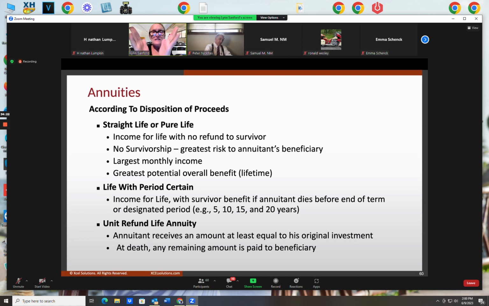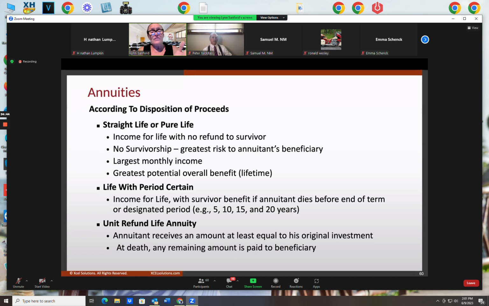So life with 10 years certain means the proceeds are going to be paid out over the life of the annuitant. If they died, let's say in year 5, all right, we've satisfied the life component. Now we got to pay the remaining proceeds to the beneficiary for the next remaining 5 years, because that person chose a life with 10 years certain. They didn't live the whole 10 years.